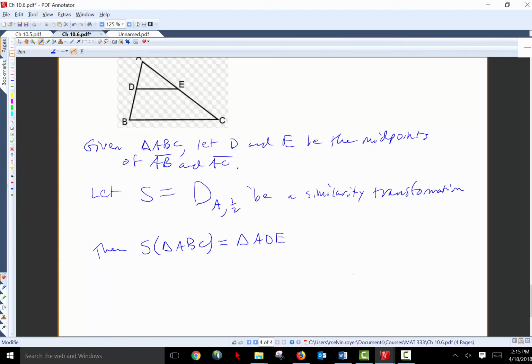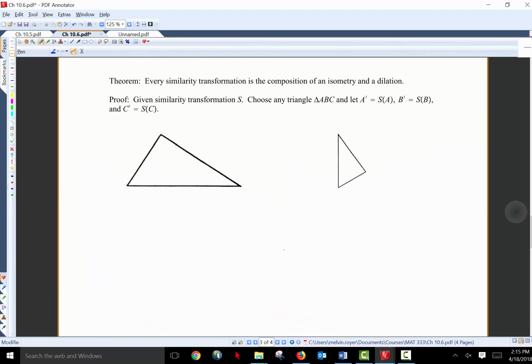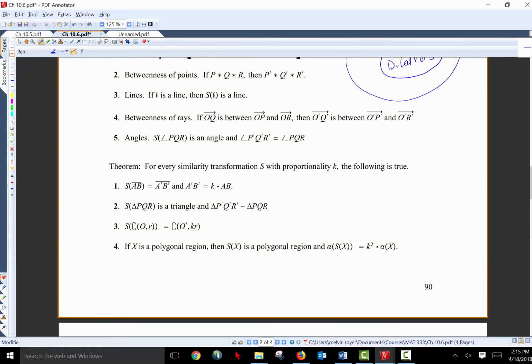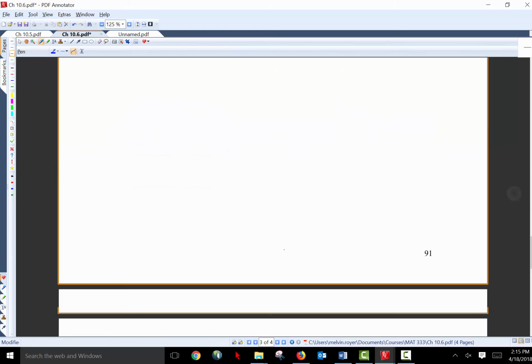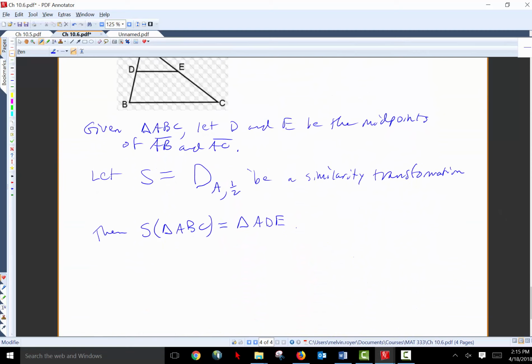So if ABC mapped onto ADE, these two triangles are similar by definition, basically. Not maybe definition, but theorem on page 90, part 2, that triangles get sent to similar triangles. So triangle ADE is similar to triangle ABC. And the scale factor is 1/2.